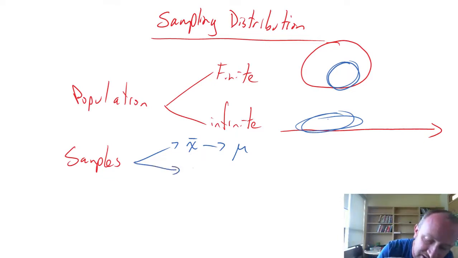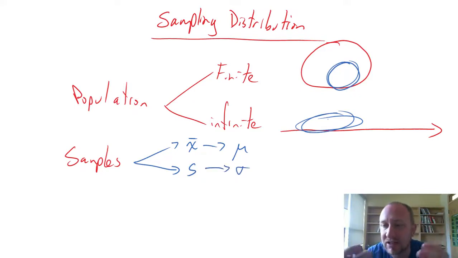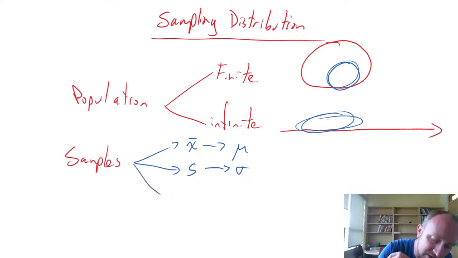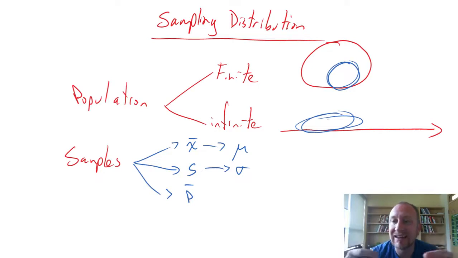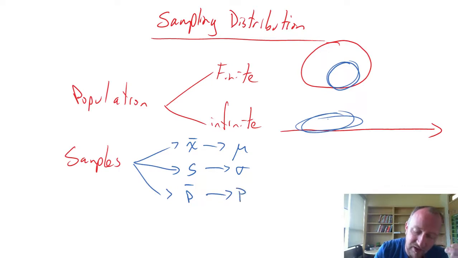We'll be using estimates of the standard deviation as a point estimate for the population standard deviation. We'll be using sample proportions in the case where we're looking at using the normal distribution to approximate binomial probabilities. We can calculate the sample proportion as a point estimate of the unknown population proportion.